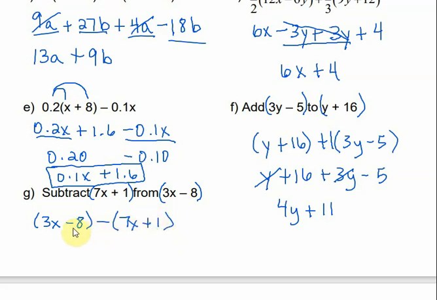Okay, so this time, this doesn't have anything in front, so I can drop the parentheses, but this has a minus sign in front. So a negative times positive is negative. Negative times positive is negative. So we did have to distribute in this problem. Okay, so if I combine like terms, 3x minus 7x would be a negative 4x. And then negative 8 minus 1 is negative 9.